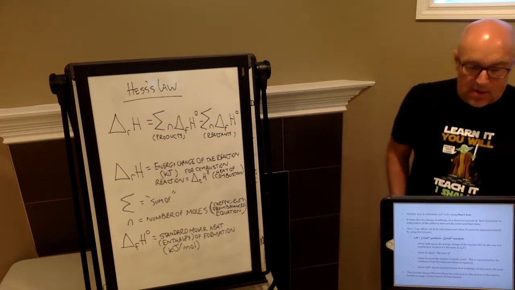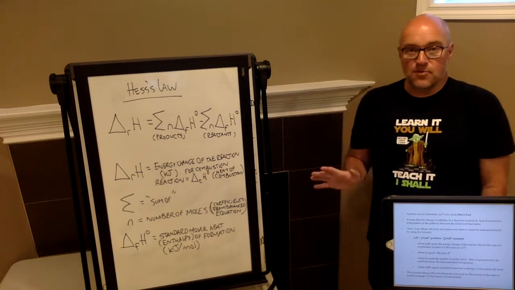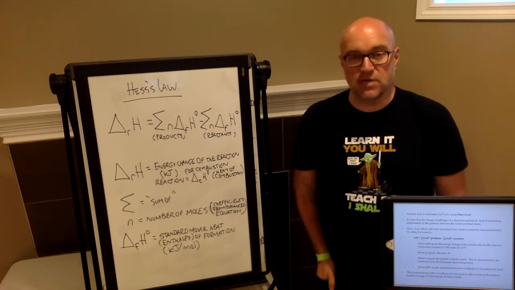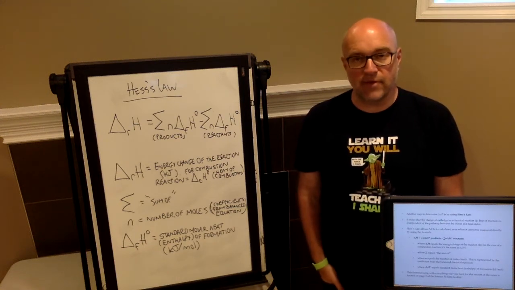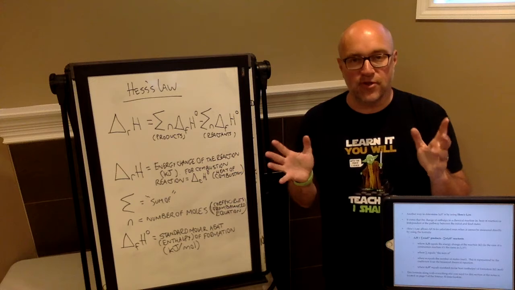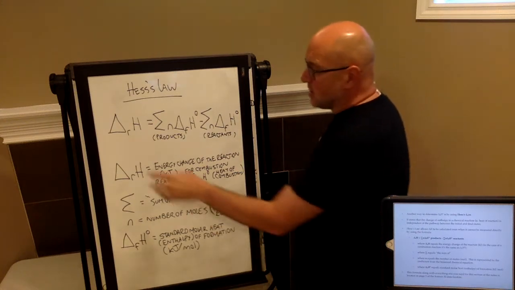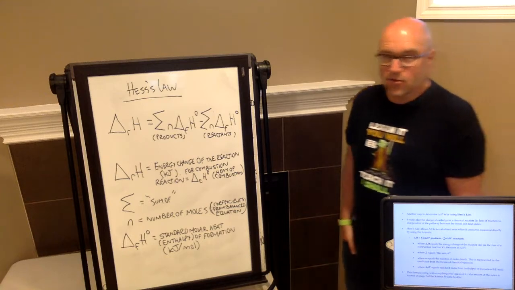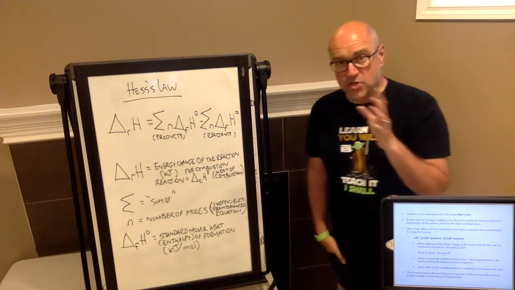Okay, so what have we got at this point? Well, what we've got is this horribly complex equation, which I'm not even going to run you through, because it's a mouthful to say. But you're basically looking at what's called the energy change of the reaction. So delta RH is what we're trying to figure out.